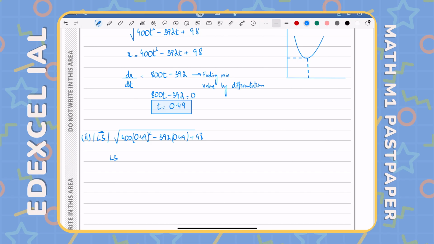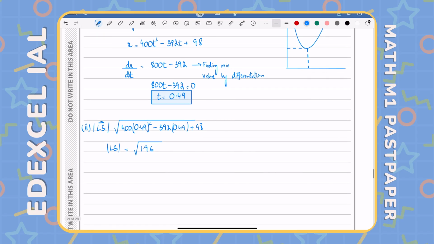So the magnitude of the distance between the lighthouse and the ship is the square root of 1.96. Use your calculator to work out the above, and you will then have the minimum distance, which is the square root of 1.96, which is 1.4. Because 1.4 is greater than the least safe distance, therefore it is safe to continue.